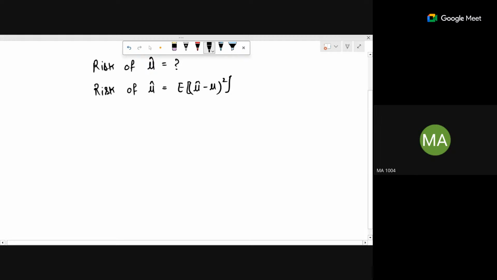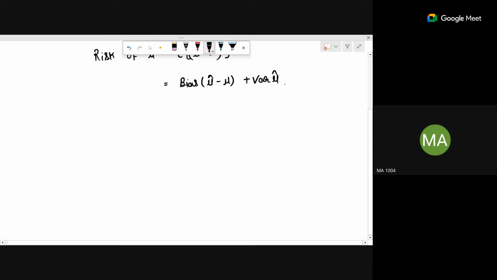If I convert this into the bias formula, it becomes the bias of mu hat minus mu, squared, plus variance of mu hat, isn't it? It is the similar format we use for expectation of x square: we write it as the expectation of x the whole square plus variance of x.